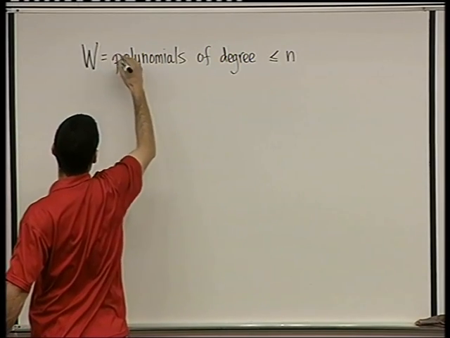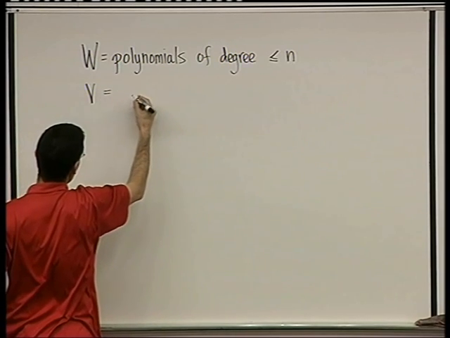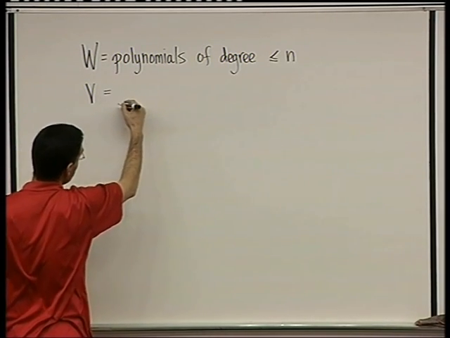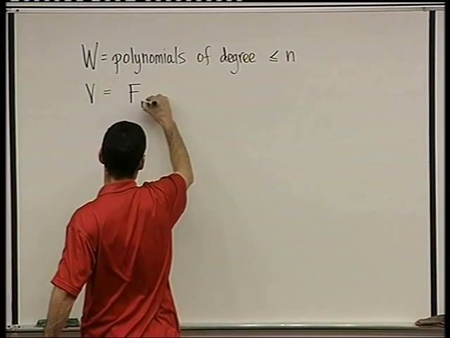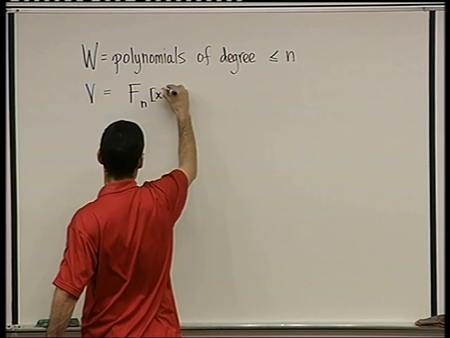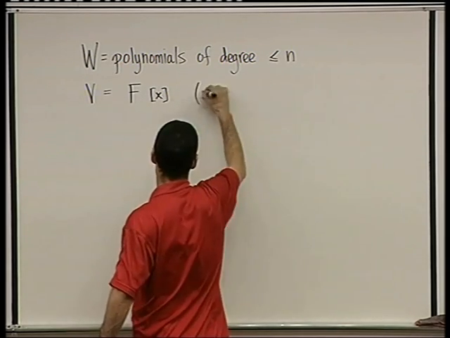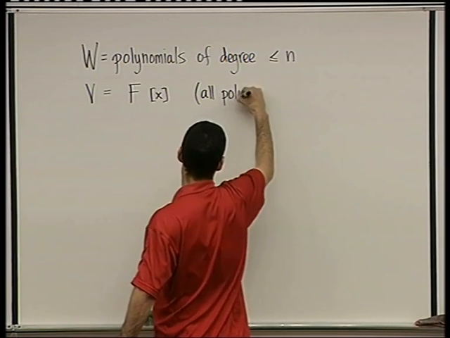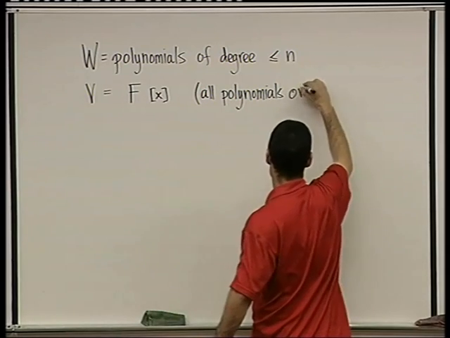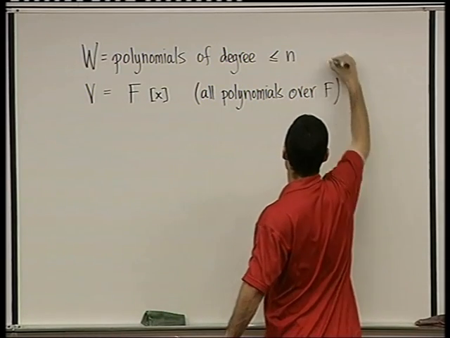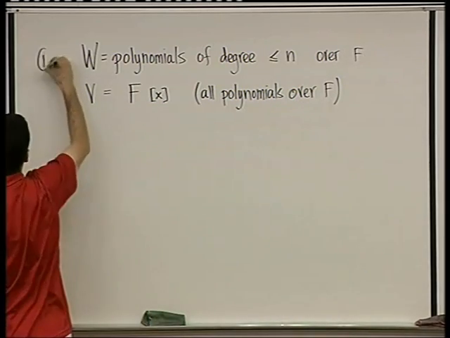W is going to be the polynomials of degree less than or equal to n, and V is going to be, remember how we denoted polynomials? We said F for the field, F of x. Those were the polynomials, all the polynomials. Okay? So this is example 1.